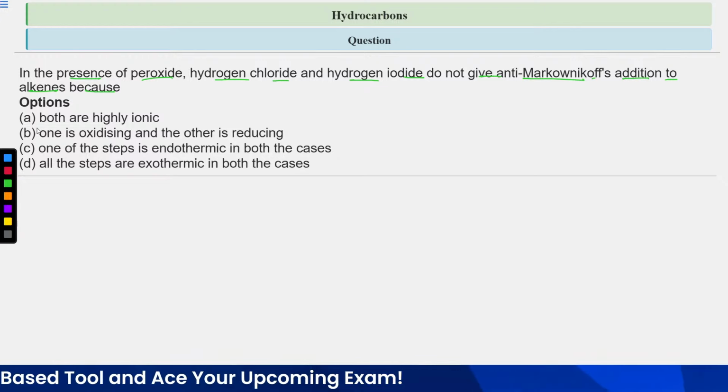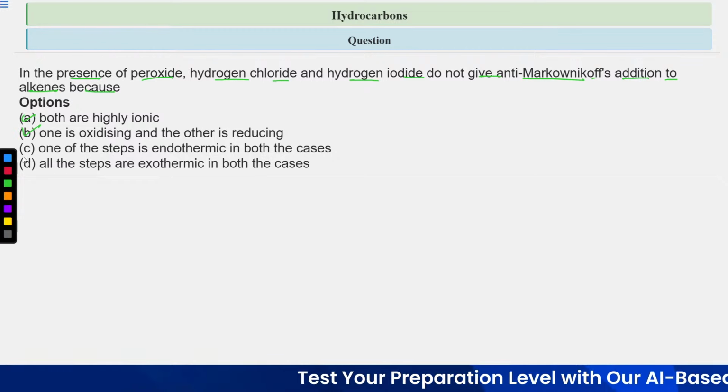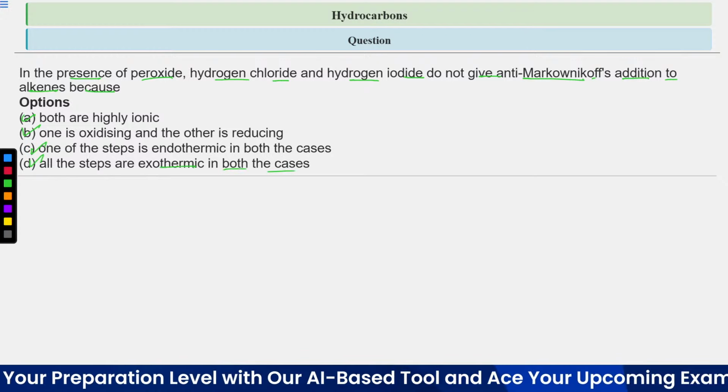Why? Options are: both are highly ionic, one is oxidizing and the other is reducing, one of the steps is endothermic in both the cases, or all the steps are exothermic in both the cases.